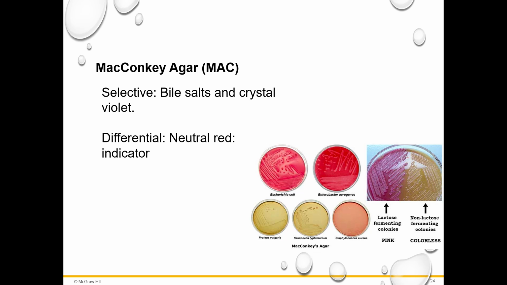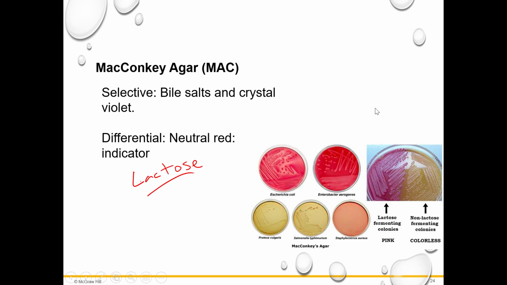If the bacteria have the capability of fermenting lactose, then the bacteria will grow pink on here. If the bacteria do not have the capability of fermenting lactose, then you're going to see that they turn colorless. So here you can see the lactose fermenters on this side and the non-lactose fermenters on this side.